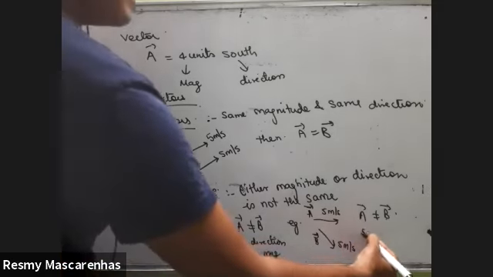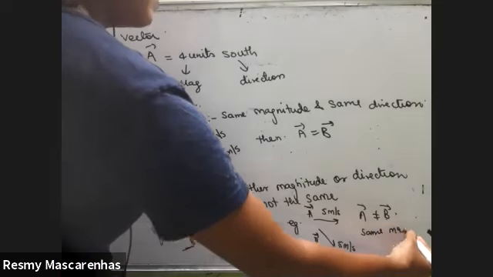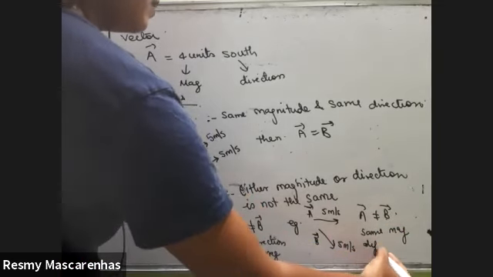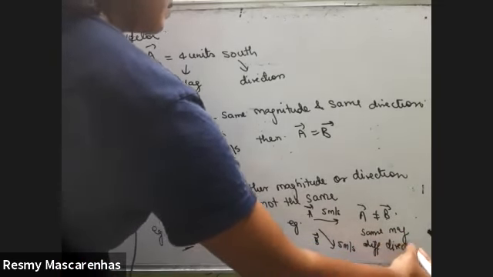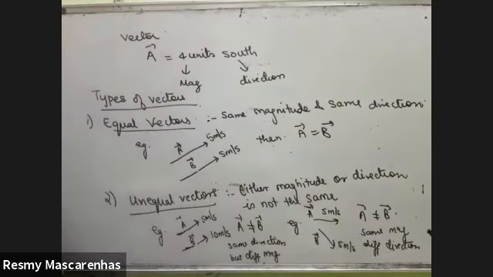Here same magnitude, but different direction. And one more case could be what? Direction is also not matching, and magnitude is also not matching. Even in that case, they are called unequal vectors.